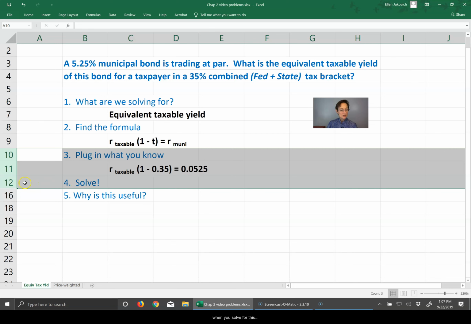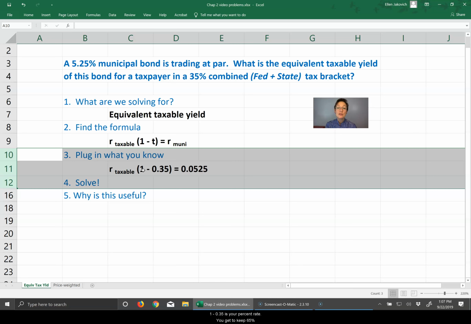Before we move on to solving it, I want to point out something. Why would it be 1 minus the tax rate? Well, think about it. You're getting income from this taxable bond. You don't get to keep all of it. You're going to have to pay 35% of that income to federal and state. So how much do you get to keep? 1 minus the 0.35, your tax rate.